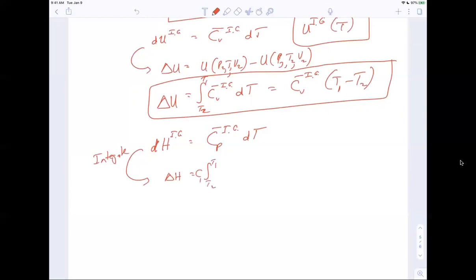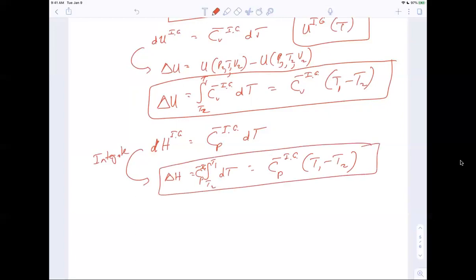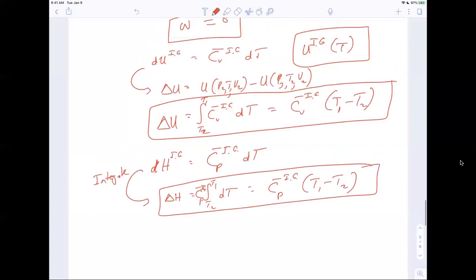Cp is a constant, so that comes out of dT, and that's just equal to Cp ideal gas times T1 minus T2. Any questions or comments?